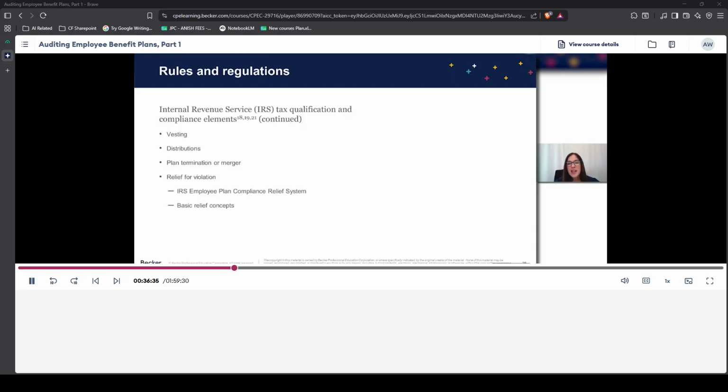Both the IRS and the Department of Labor offer these correction programs because they want plan sponsors to be able to correct any potential mistakes while still being able to offer a retirement benefit plan to their employees.